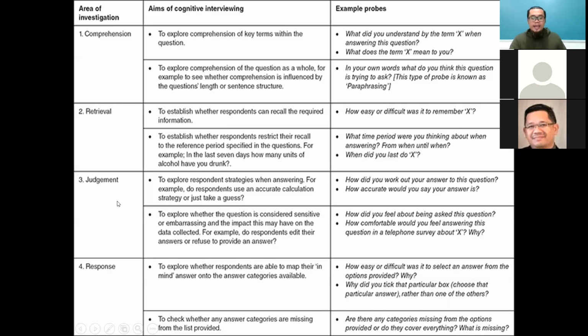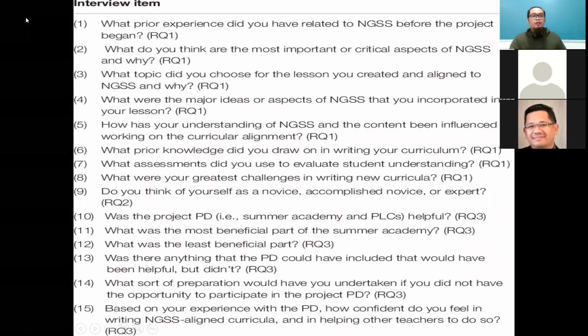Okay, so next we can see the detail on the qualitative instrument. This part is about the interview items. Please remember that the first point is to make sure your qualitative interview is sufficient: you should make sure your interview questions are parallel and aligned to the research question. You can see example number one: what experience do you have related to NGSS before the project began?